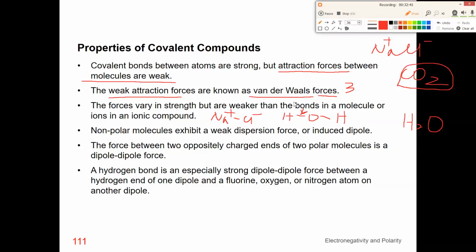So this is a very weak strength. Most of the forces in biological molecules, which you studied in biology in freshman year, are van der Waals forces, like hydrogen bonds.